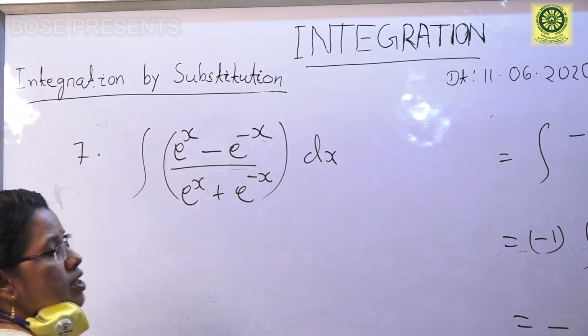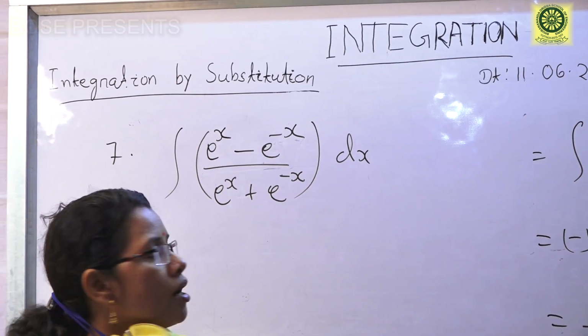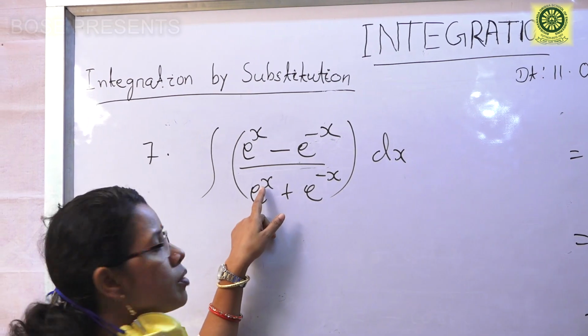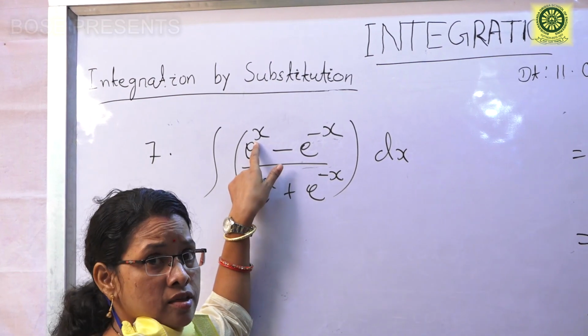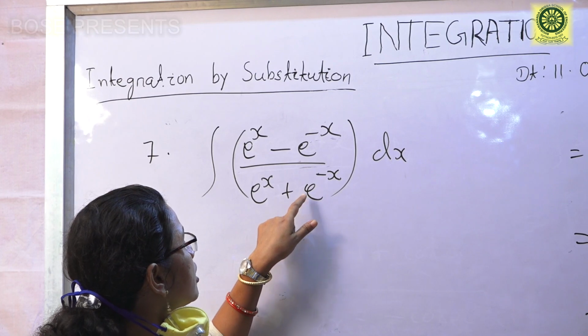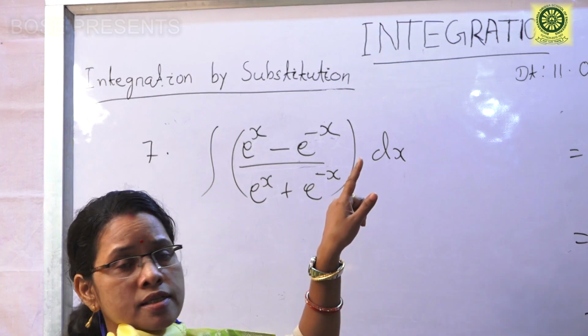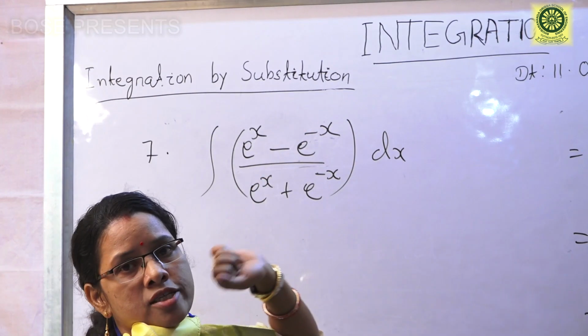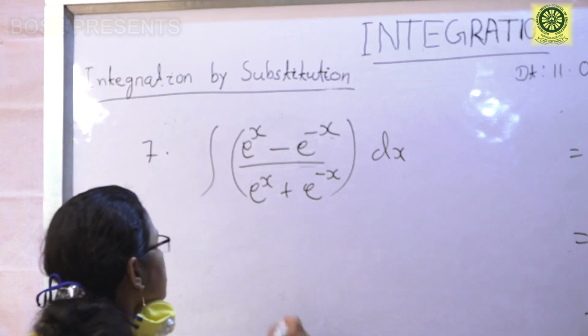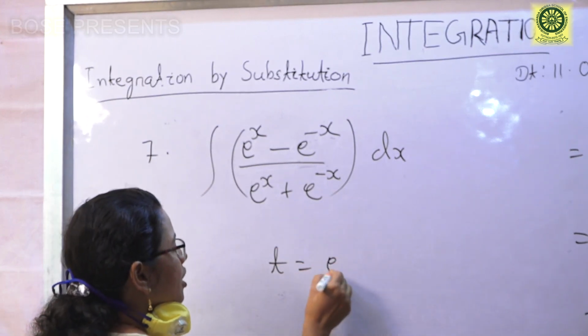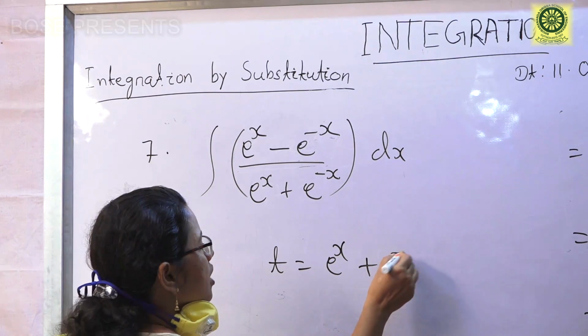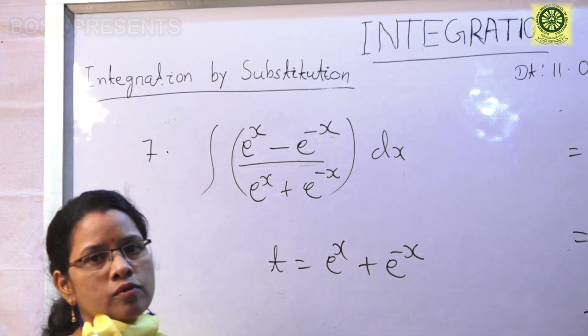Okay, with respect to x. Here you can notice that the derivative of e to the power x is e to the power x, which is here, and the derivative of e to the power minus x is minus e to the power minus x. Okay, so just substitute t for e to the power x plus e to the power minus x to solve this problem.